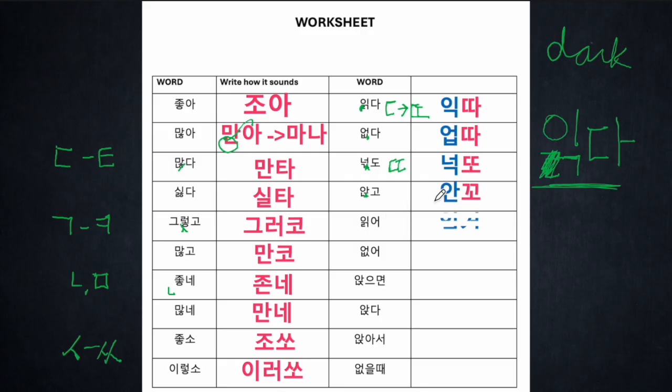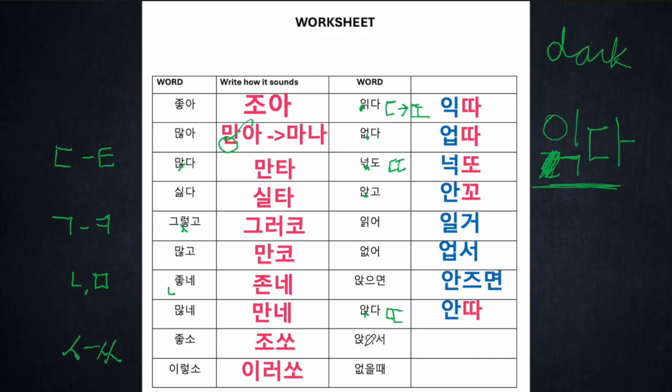So 읽어. This one same thing, placeholder, so it'll just move. 없어. This one too, it's a placeholder. 앉으면. Now the next one, it's not a placeholder, so it'll become tense. You drop the second one, so it'll be 앉다.